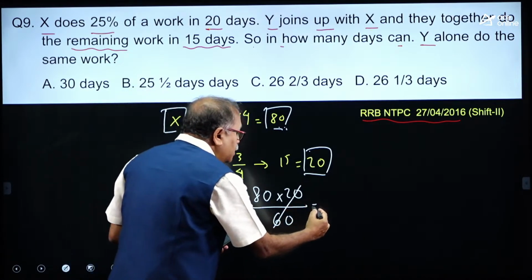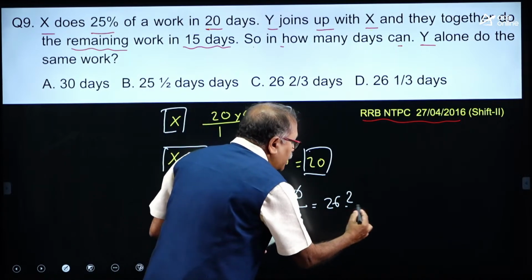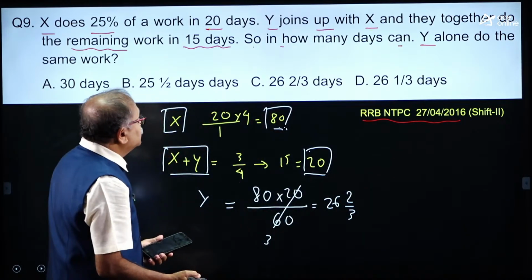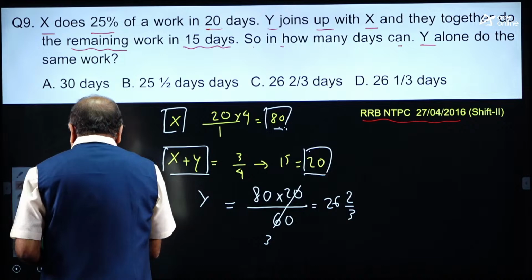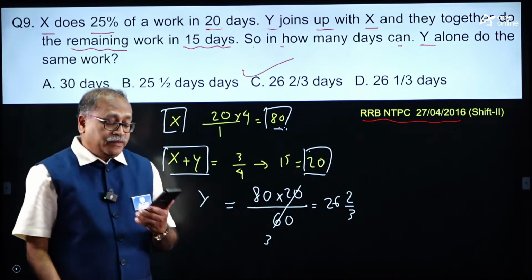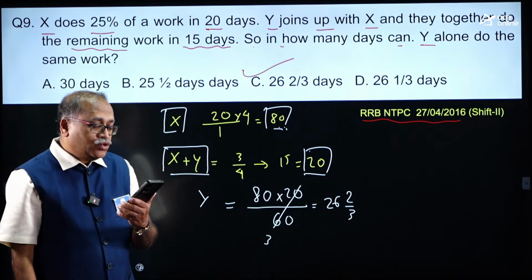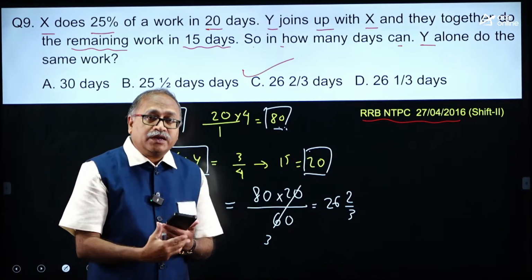So, that is 3 sixes are 18, and 26 2 by 3 is your answer. So, nicely you are involved and answering the question. That is right. Option C, Surya, well done.